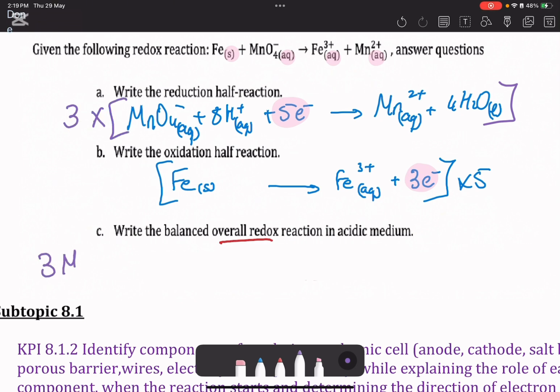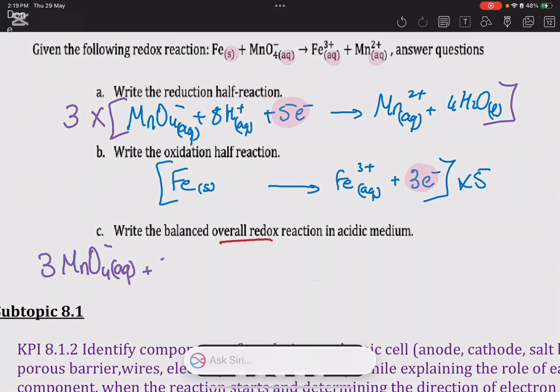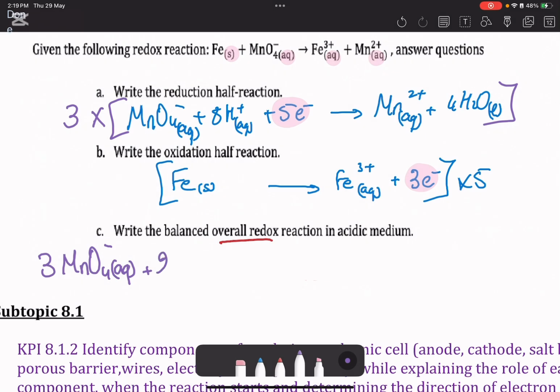And now I'll write it: 3MnO4 minus aq plus 24 H plus plus 15 electrons, which will cancel out later on, 5 Fe solid.